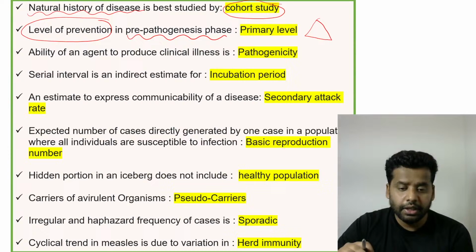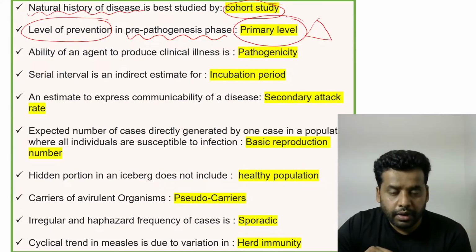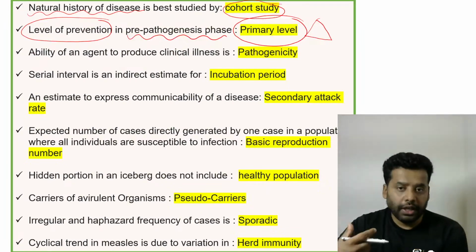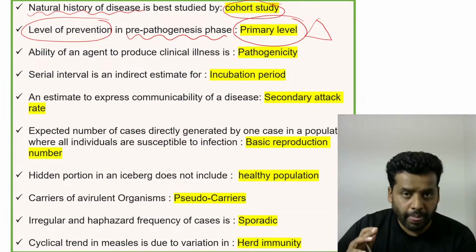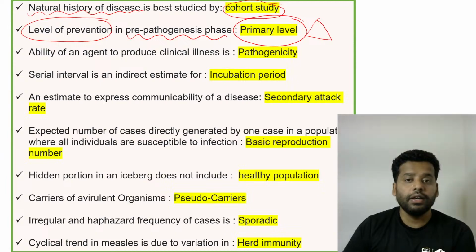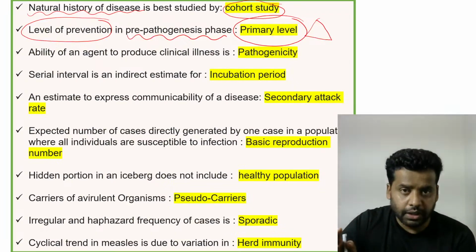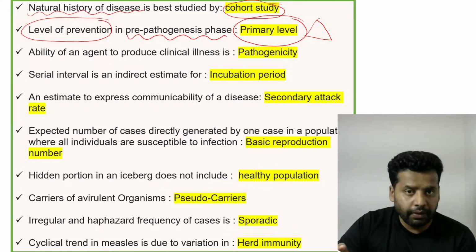Agent is present. That is why we need to take primary levels of prevention. Take vaccine, use mask, or else you might get that agent within you. I don't want invasion. If the agent starts invading me, pathogenesis phase will start. First, the agent will invade into the body, that is infectivity.